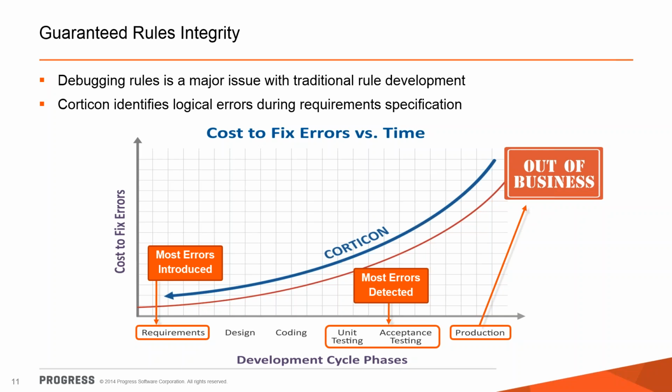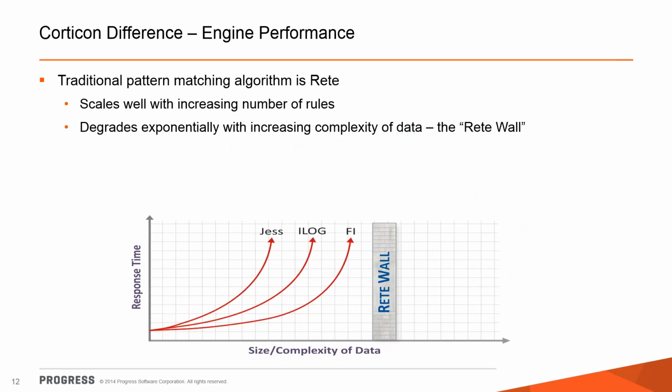The third benefit of Corticon was what we talked about, performance and scalability. So Mike, that's the next slide, is the difference in our engine, the backend algorithm. Now, traditionally, rule engines have always worked on an algorithm called RETE, which stands for a Latin word for net.